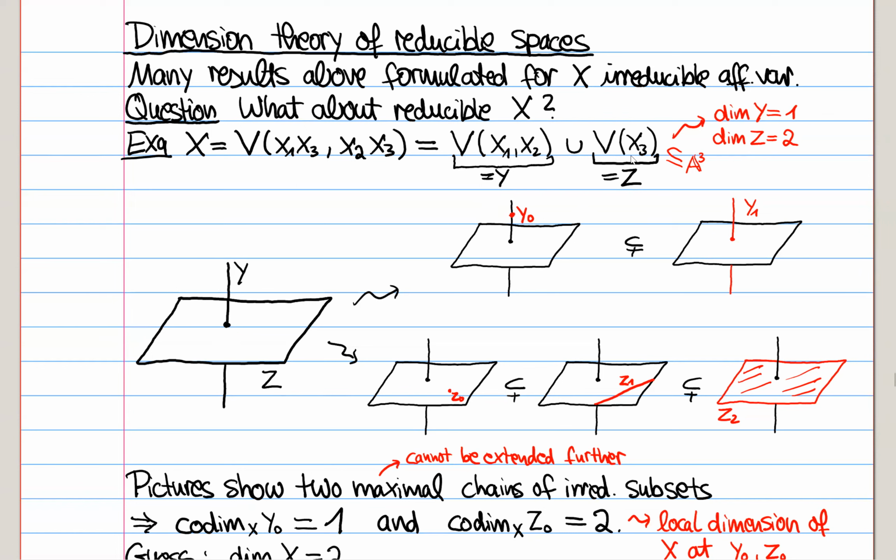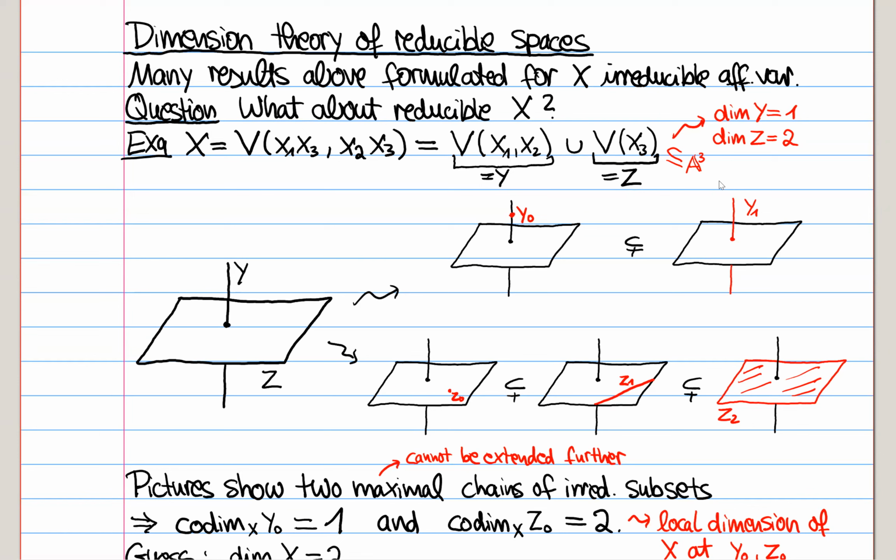And the dimension of this here will be 2, as follows, for example, from the fact that this is cut out in the ambient 3-dimensional space by a non-zero equation. So by this result derived from Krull's principal ideal theorem, it has dimension 1 less than 3, so it has dimension 2. So X is composed as a union of a 1-dimensional space and a 2-dimensional space.